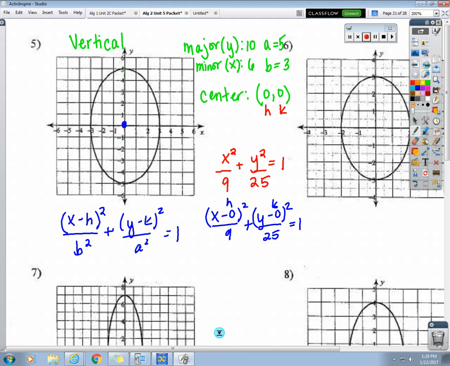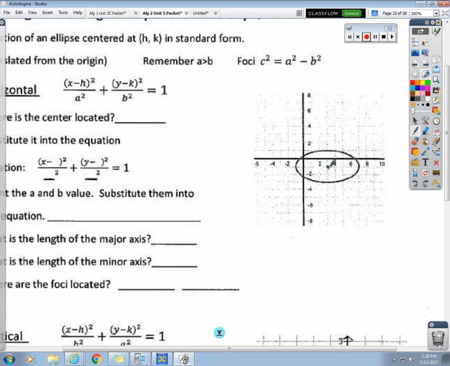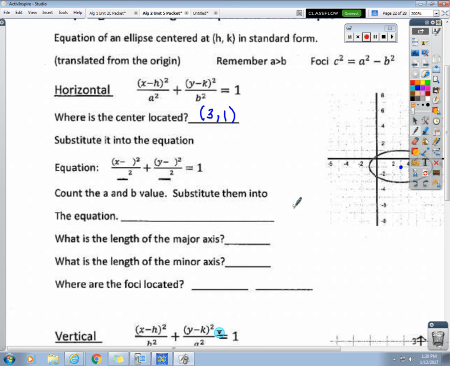But today, we're working with ellipses that are no longer centered at the origin. Where is the center of this located? 3, 1. Because to get to the center of that ellipse, you have to go right 1, 2, 3 units and down 1. So now that we've found the center, we now know the h and the k.